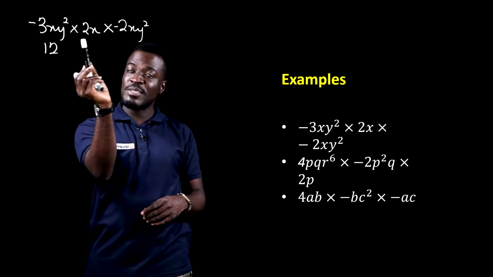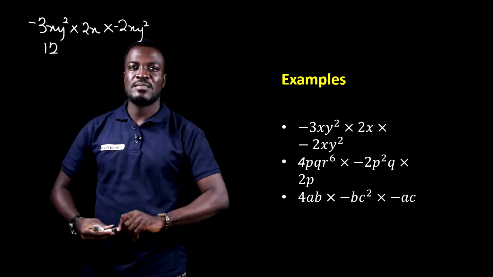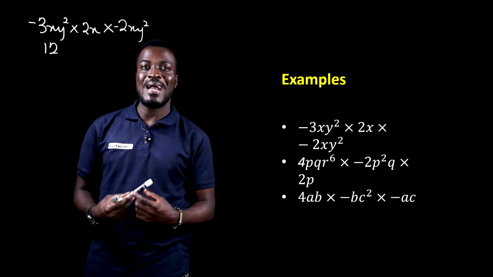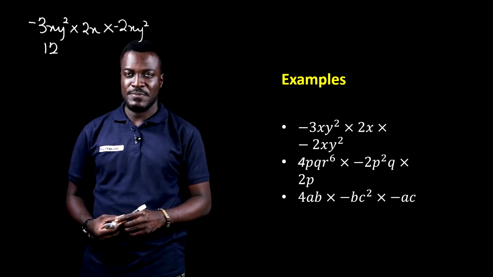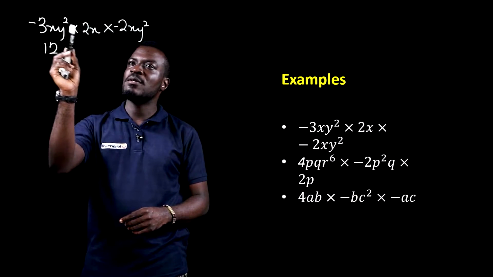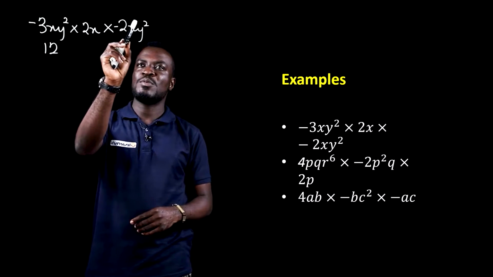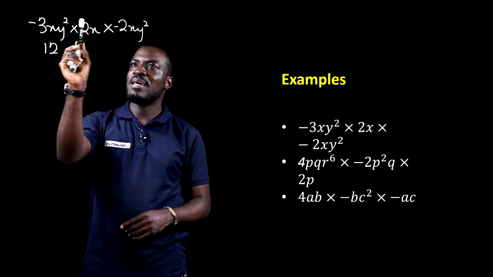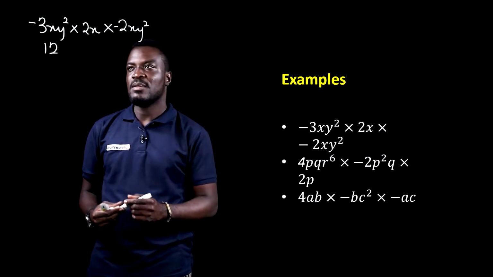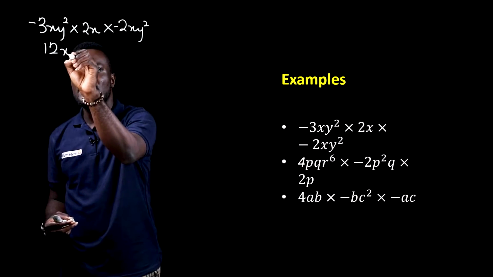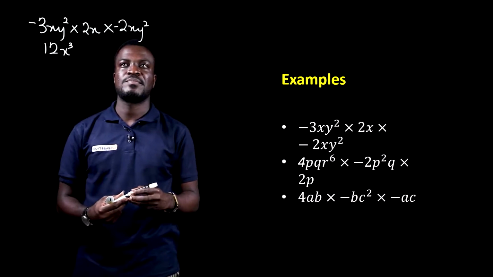So, they are multiplying. And then we said when they are multiplying, we what? We add the exponents. So, this is x raised to the power 1, raised to the power 1, raised to the power 1. So, we get 1 plus 1 plus 1, which is what? 3. So, we are getting x raised to the power 3.